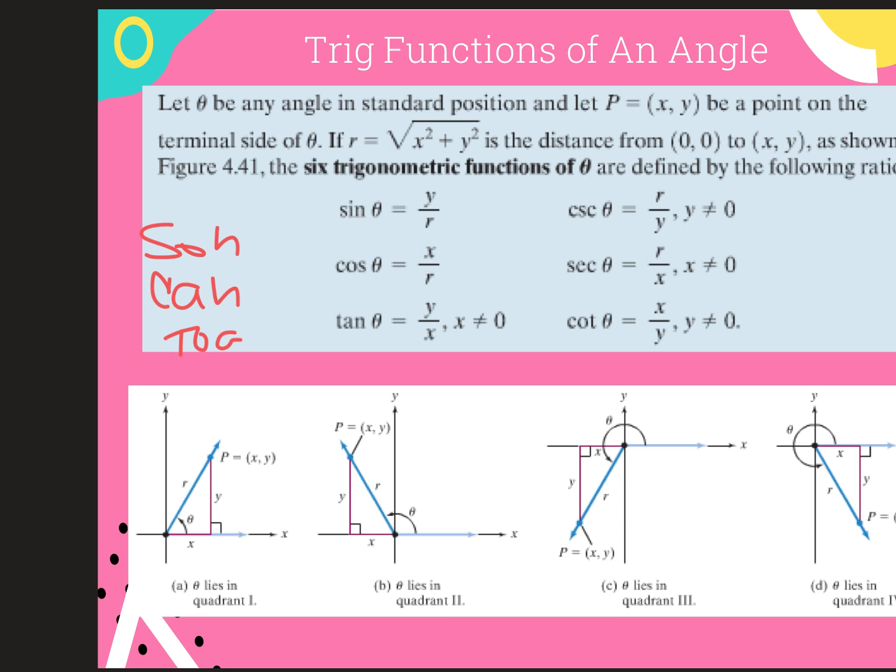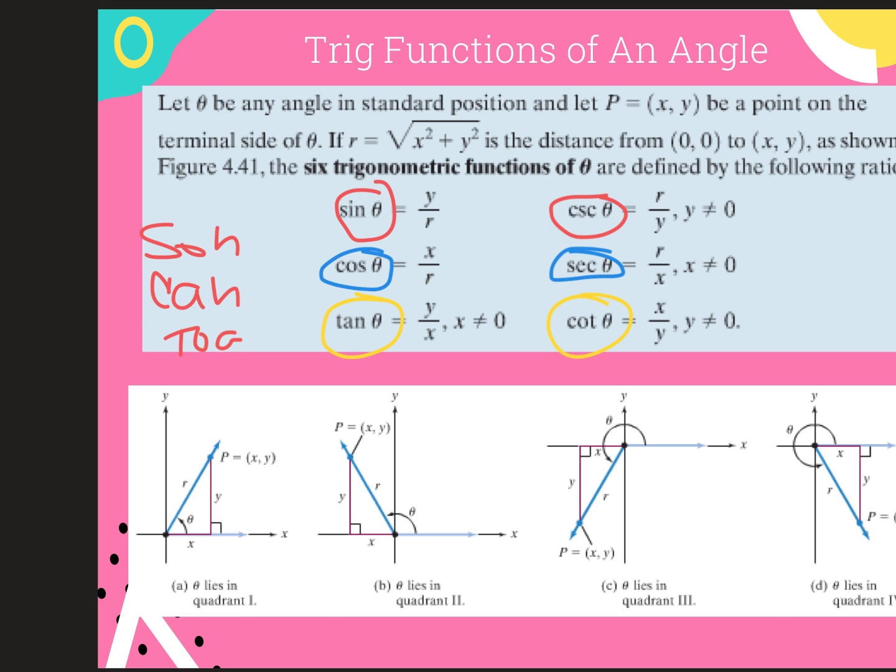You need to memorize that sine and cosecant are reciprocals of each other. You need to memorize that cosine and secant are reciprocals of each other. I know you guys ask, how come it's not sine and secant and cosine and cosecant? Yes, that would make more sense, but it's not. And then you have tangent and cotangent. Those are pretty easy.